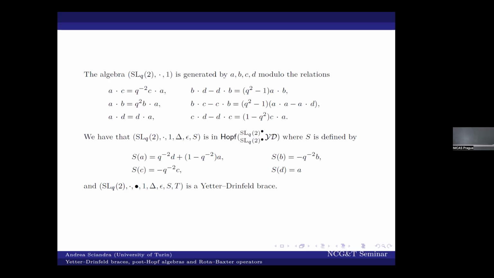I don't know. I never thought about this. Maybe that's not an algebra morphism in vector spaces, maybe it's an algebra morphism in braided spaces. It's a good question.